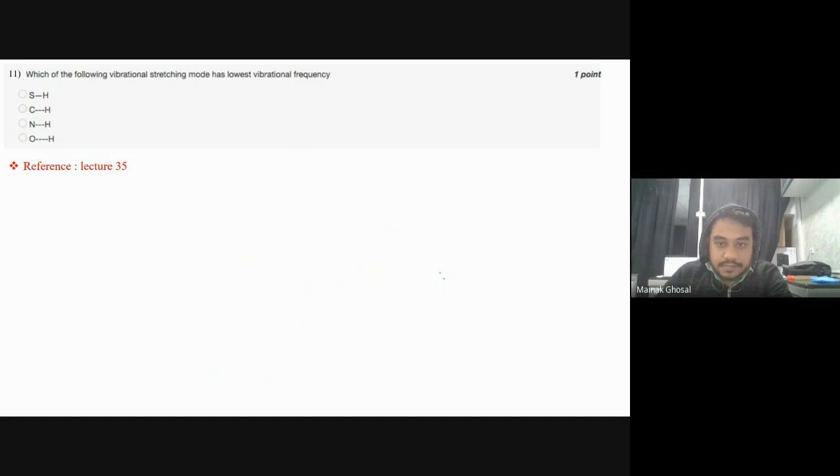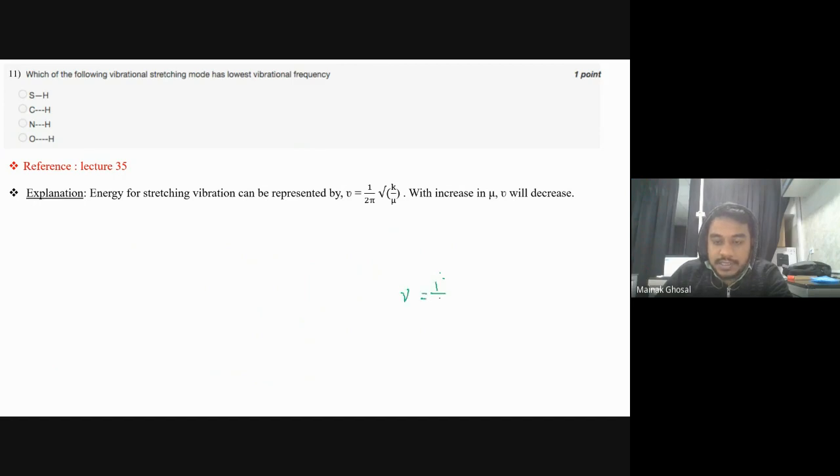Here you know what the formula is. The energy of the stretching vibration can be expressed in terms of nu, which we can write as 1 upon 2 pi root over k upon mu.